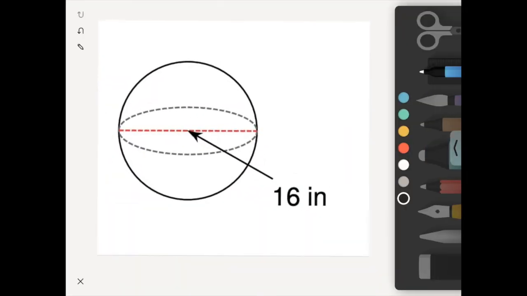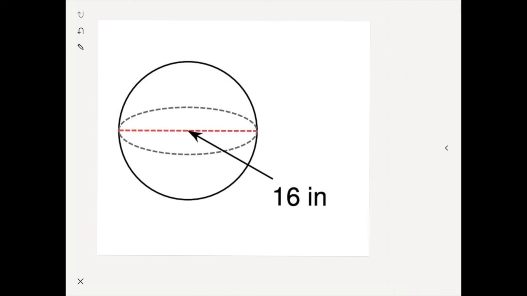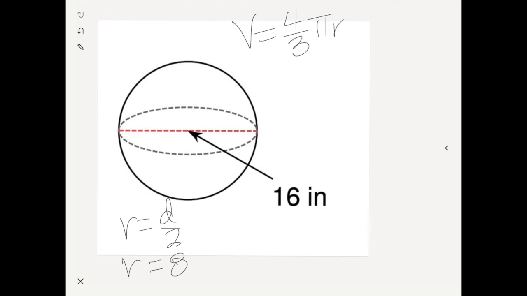I have this sphere, and this time I am given the diameter. But remember, the radius is always half of the diameter. So this time the radius is 8. 16 divided by 2 is 8. Our volume formula is 4/3 pi r cubed.